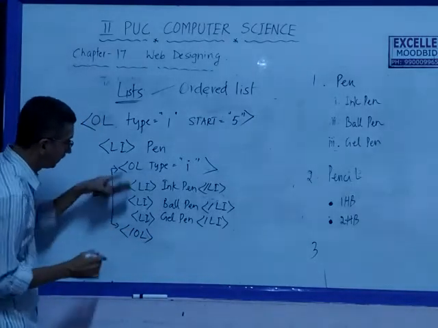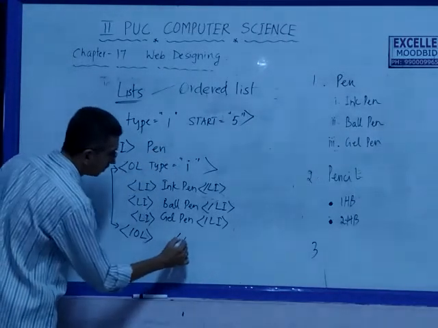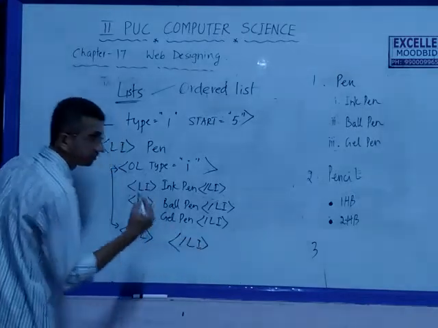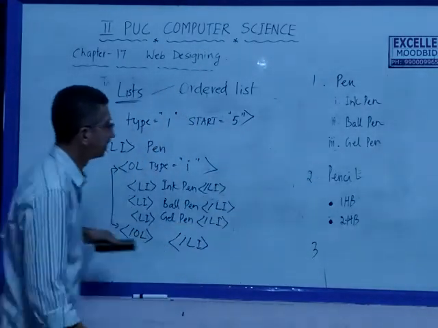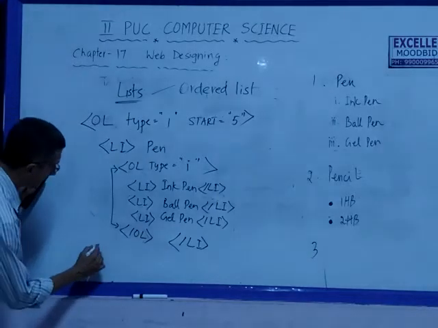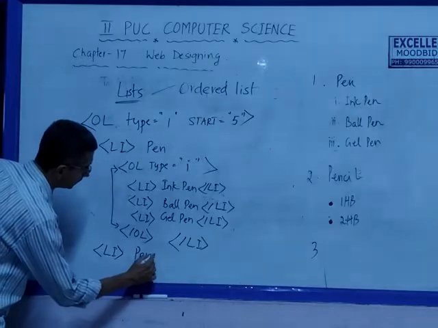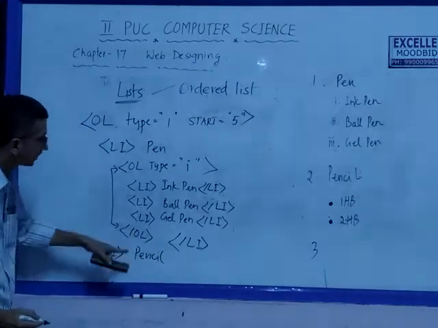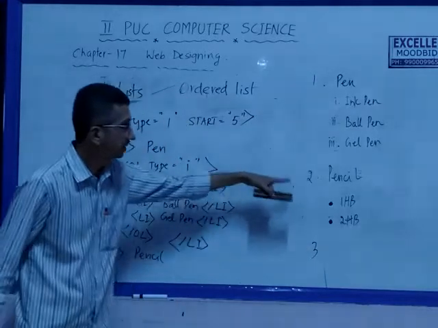See, closing of this inner OL, and closing of this li, this one, close li, correct? So next item of the outer list, pencil. So here this li, pencil, and next the 2 items coming under this inner list.